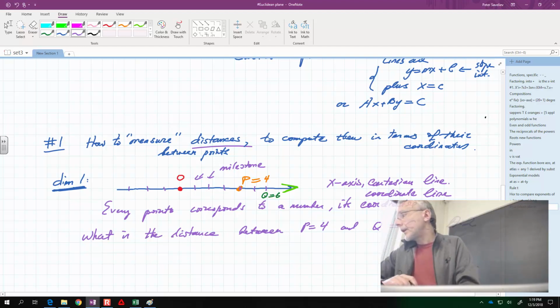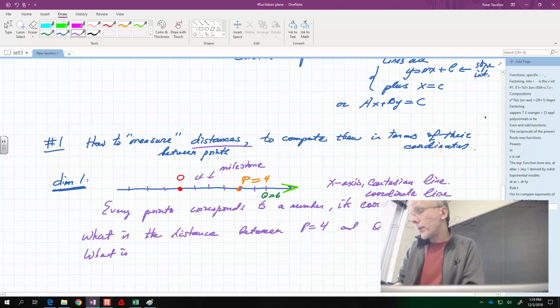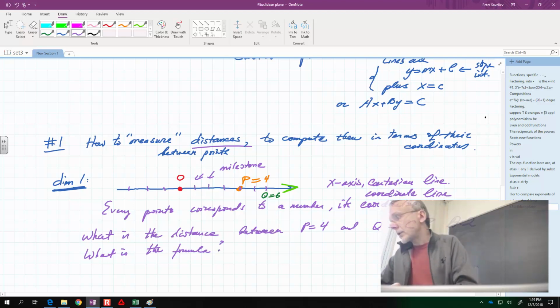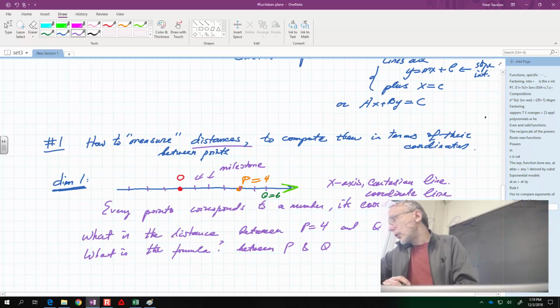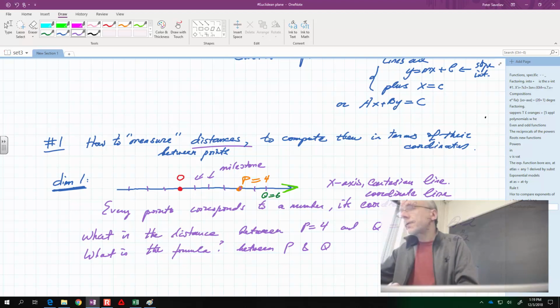Okay. So the idea is we need to come up with a formula. What is the general formula for the distance between 2 points, P and Q? How did we get 2? From 6 and 4, it is 6 minus 4.